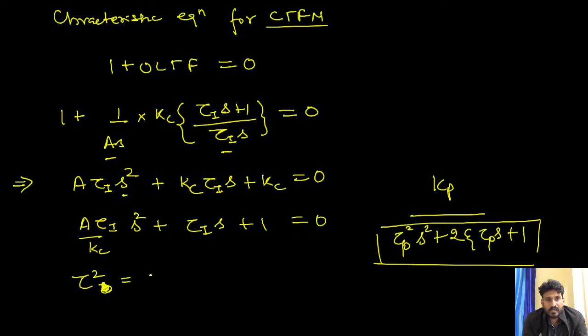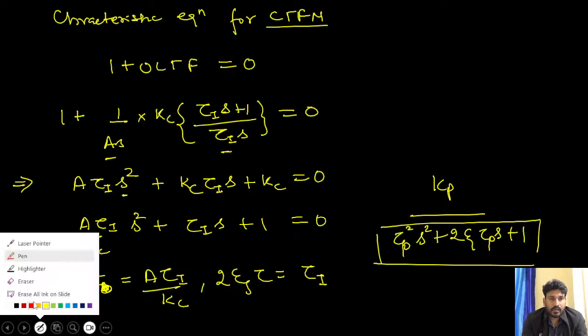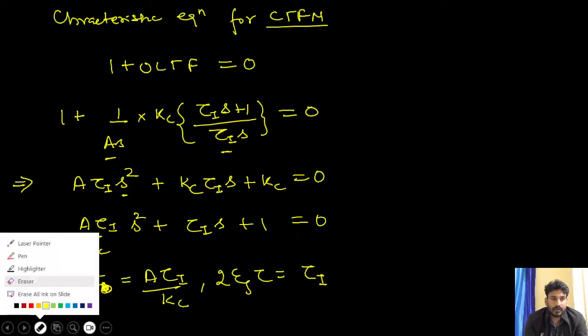My tau p square is equal to A tau I over Kc. Okay, 2 zeta tau p is equal to tau I. I hope there is no problem with this. I just compared the transfer function with the second order, right?